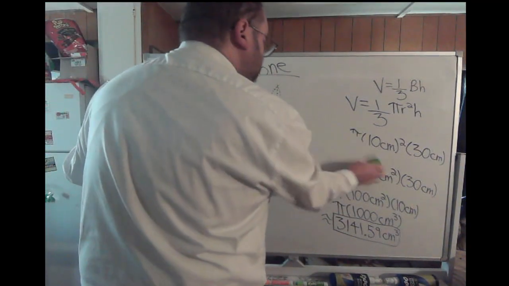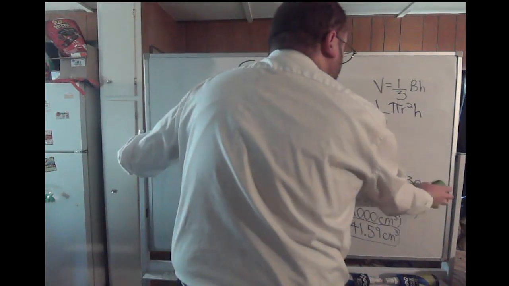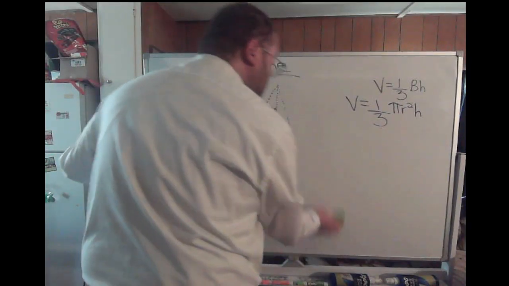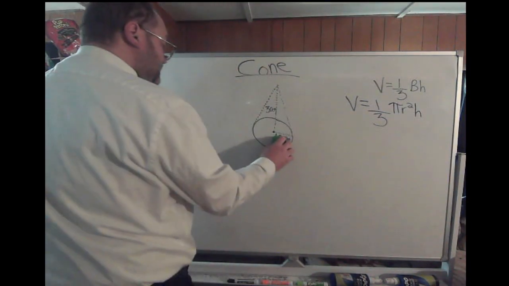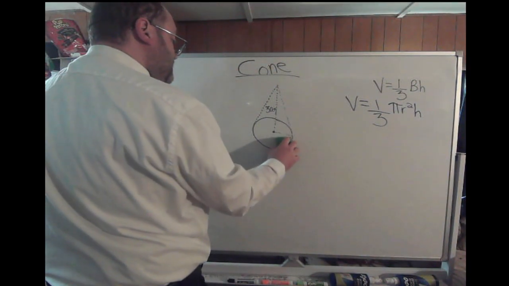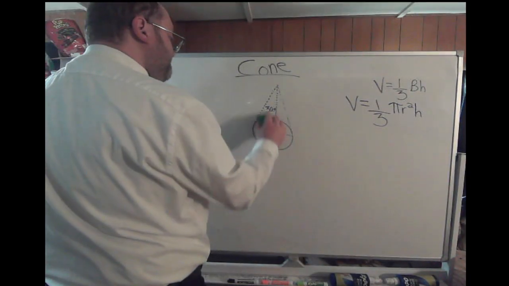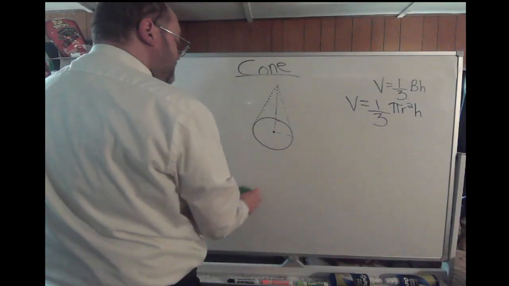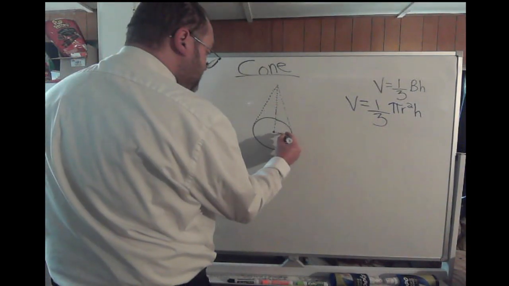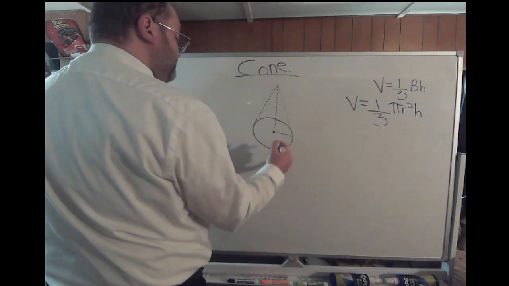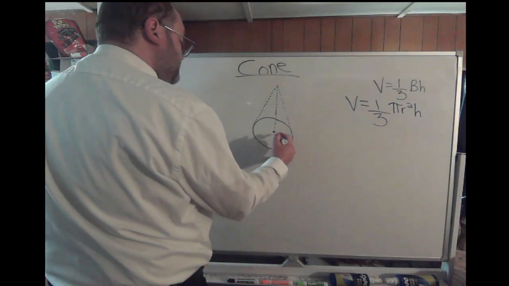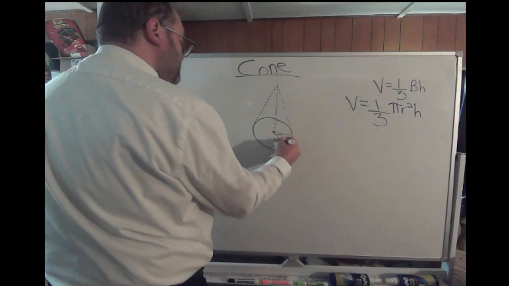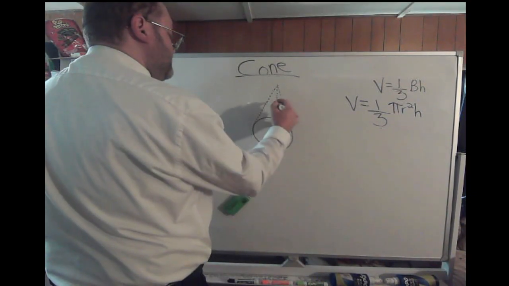And I'll do one more example for the cone, then we'll move on to spheres. Alright. Let's say the radius is going to be 27 meters.